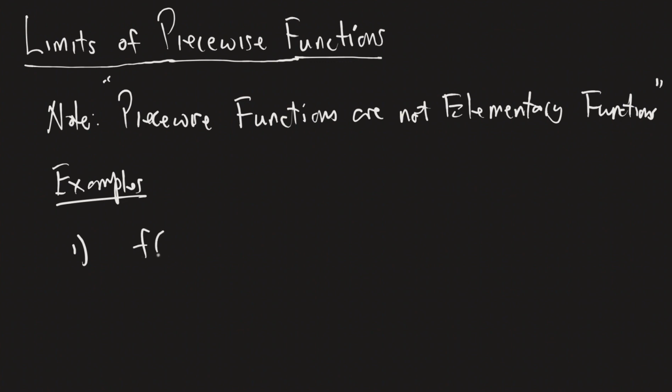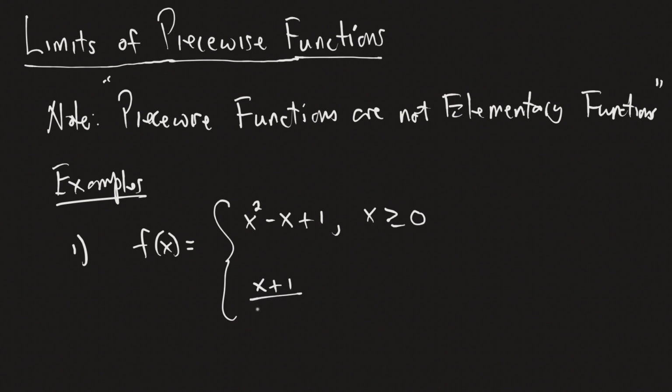So say my function is something like this. Let's just say it's a polynomial here whenever x is greater than or equal to 0, and then let's say it's a rational function like x plus 1 over x minus 5 when x is less than 0.